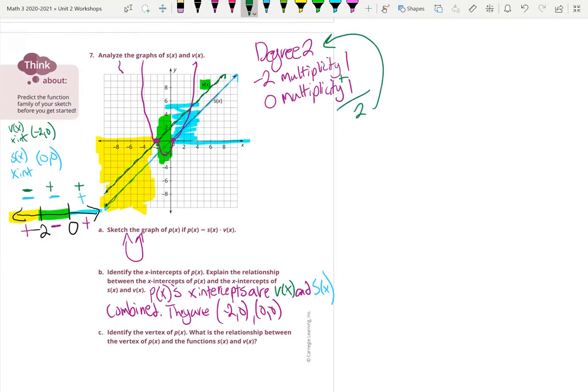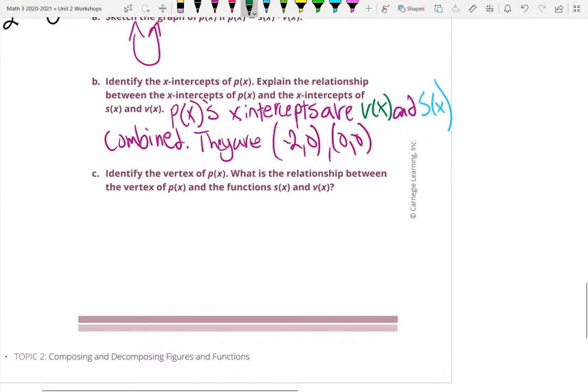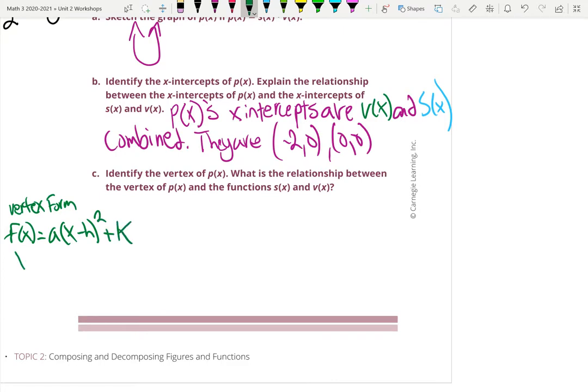Notice how everything aligns. Now, to find this vertex, we're going to do something actually very clever. Normally, in the past, I can only find the vertex if it's in vertex form. The last unit had you basically recognize that anything that looked like a times x minus a number squared plus another number, that the vertex was at this point, h comma k.